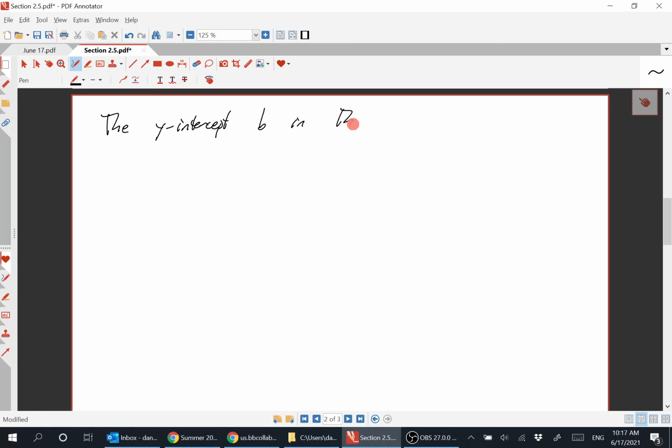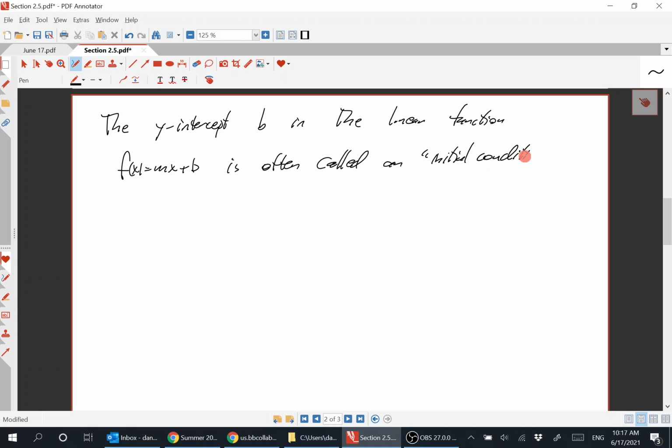B in the linear function f of x equal to mx plus b is often called an initial condition. Initial because that's the value of the function at the initial value for x, which would be 0.